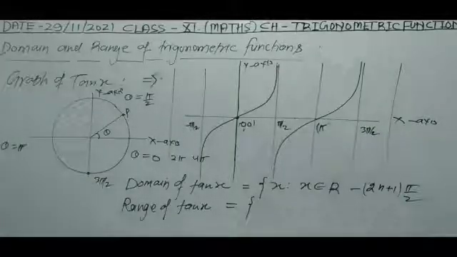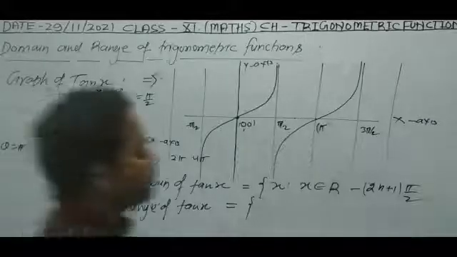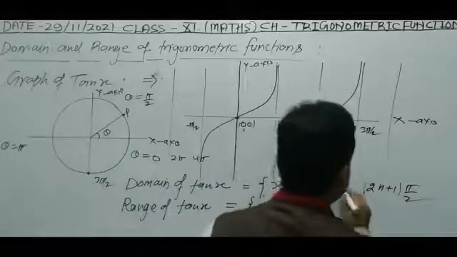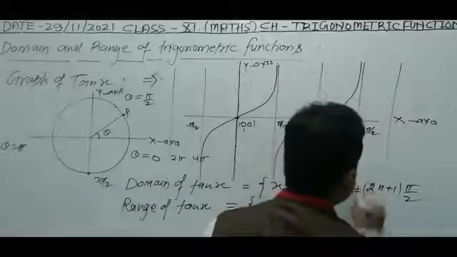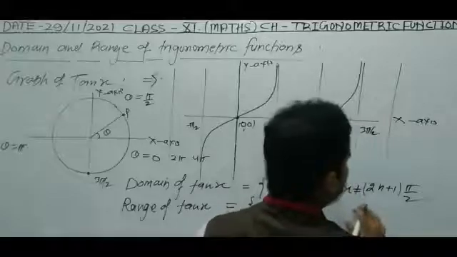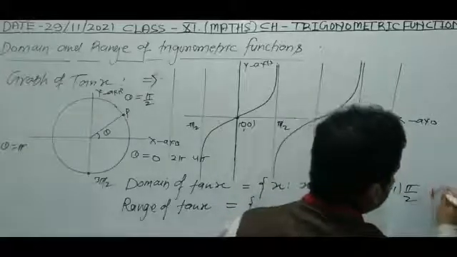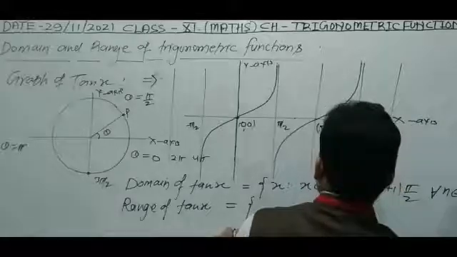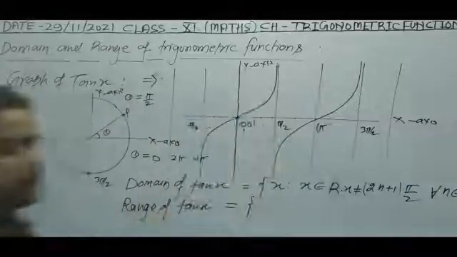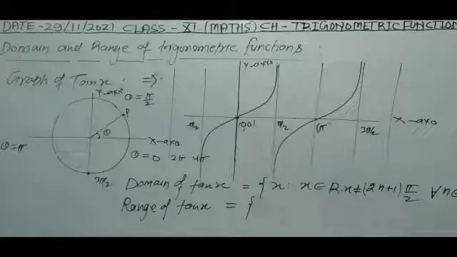So in the domain of tan x there was some mistake. So x such that x belongs to real numbers and x is not equal to (2n plus 1) pi by 2 for all n belonging to integers. So see, this is the domain of tan x.